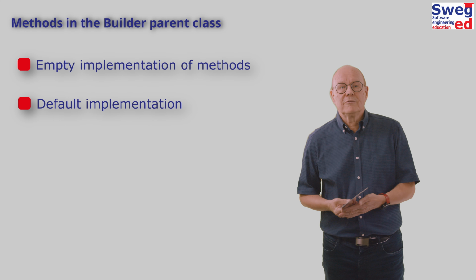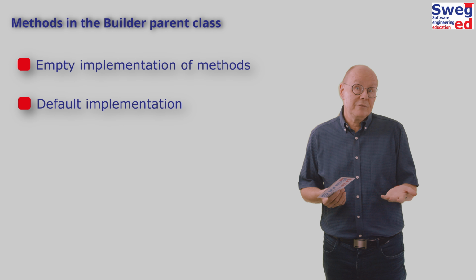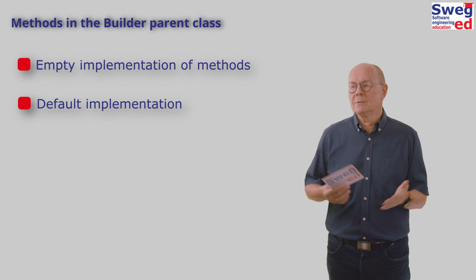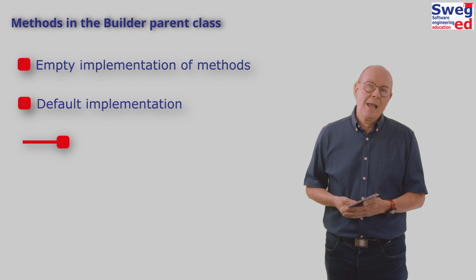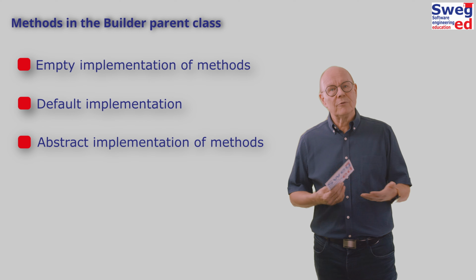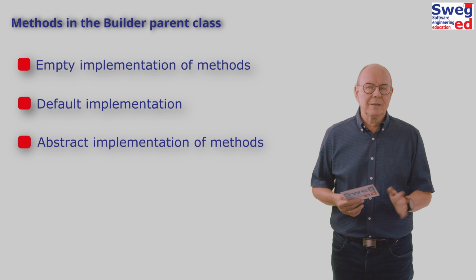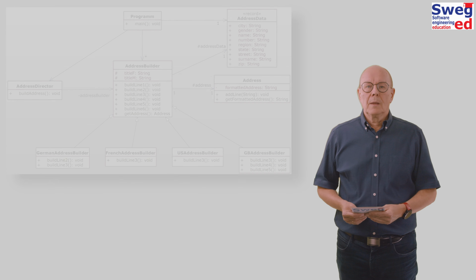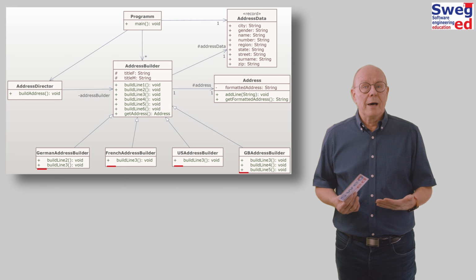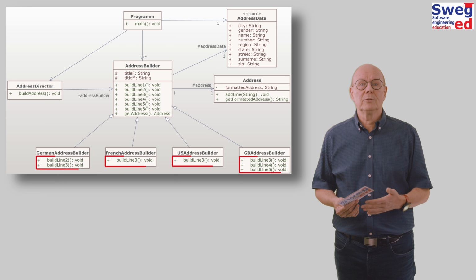You can provide a default implementation for methods, letting child classes override if needed. In our example, buildLine1, buildLine2 and buildLine4. And last but not least, make methods abstract if you want to force child classes to implement them. We didn't use this in our example. Looking at the diagram, you can see which builder child classes override each method, because their addresses have a different line order than the default.